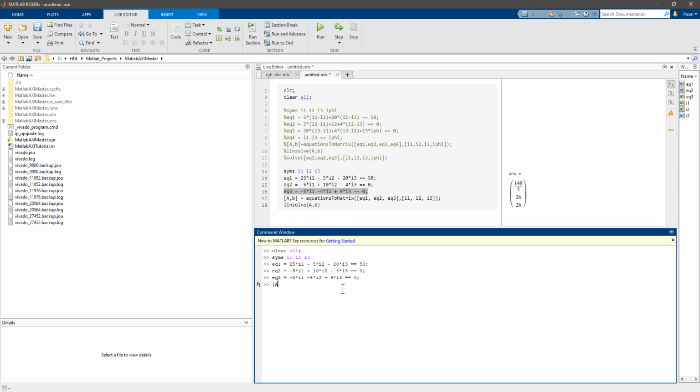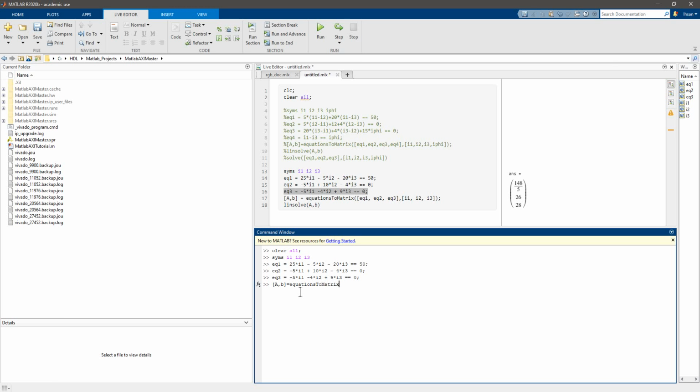is the coefficient matrix is denoted as A, and this denotes the coefficients like these 25, -5, -20, etc. And the right-hand side, known values are denoted by B. Then we can simply say that this should be equal to equationsToMatrix.